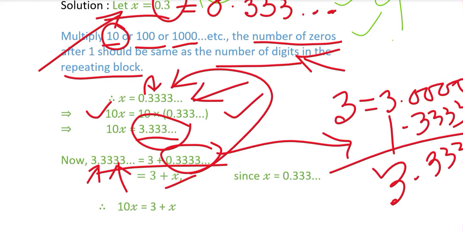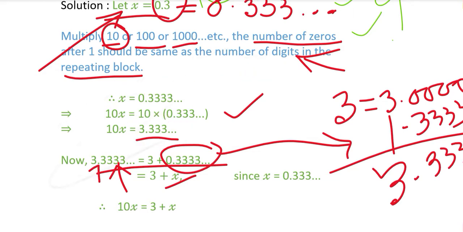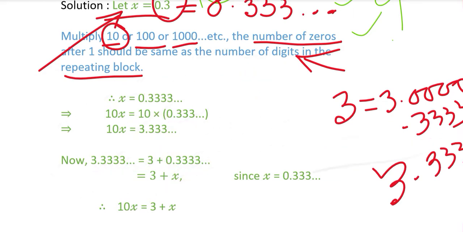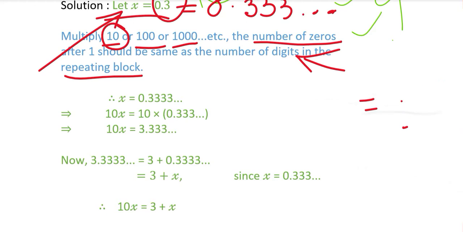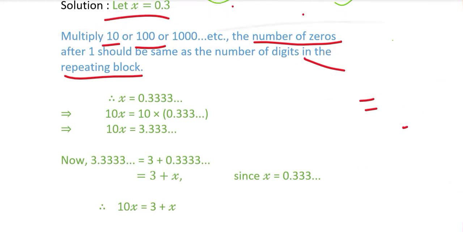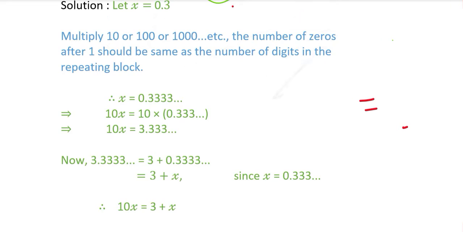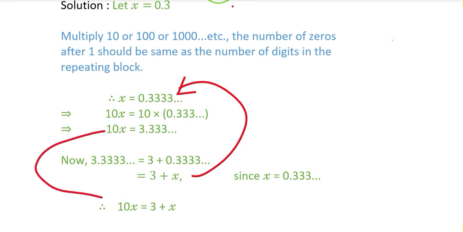So we are replacing this number with the value of x. Now replacing it gives us this result. Now 10x becomes 3 plus x.